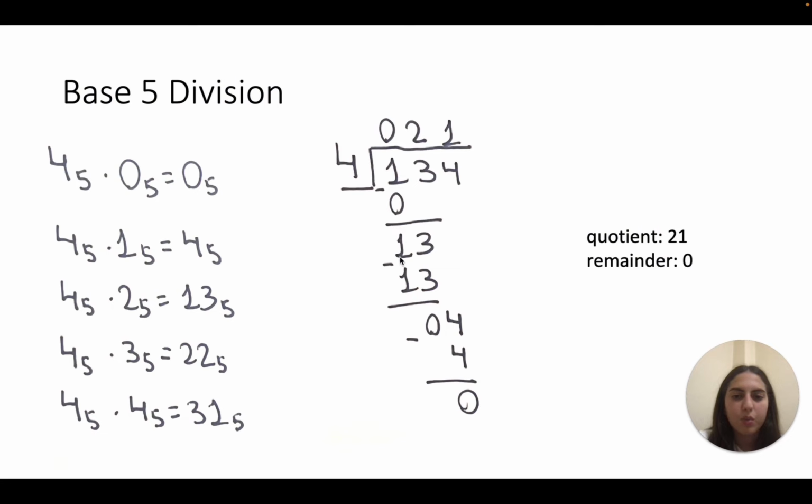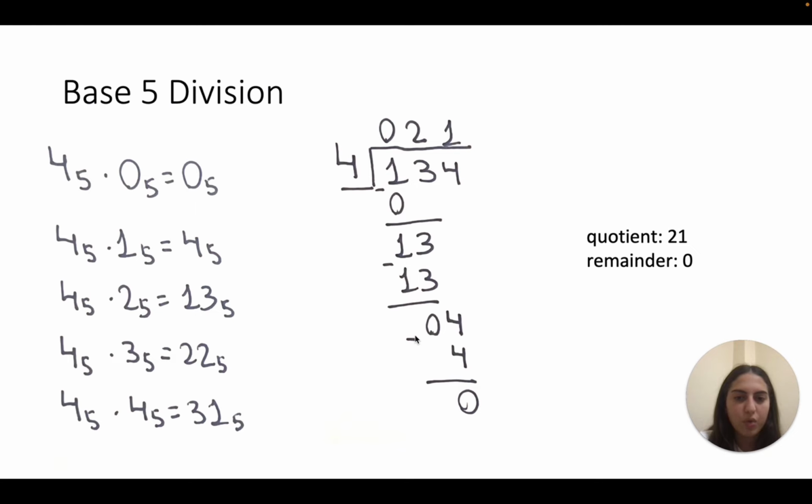We'll get 1 here, and when we put down the 3, we get 13, and we see that 13 is bigger than 4, and we can have 2 fours in our 13. We can see that here. So 4 multiplied by 2 is 13. That's why we write 2 here and subtract 13 from here.